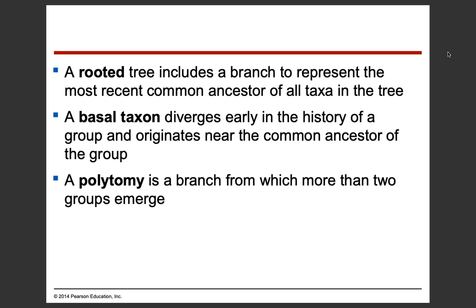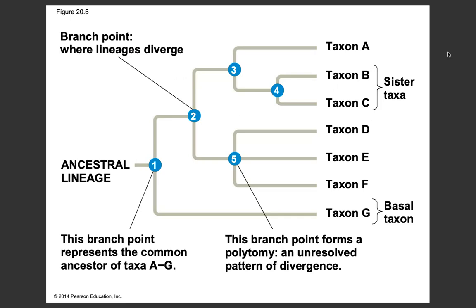You have a basal taxon, which is one group. It's kind of removed from the rest and diverges early on. So that would have been like the Felidae in the last example. It represents an early history of a group and originates near the common ancestor of the entire group. And then you have a polytomy, which is a branch where you have more than just 2 divergent organisms coming off of it. So we're going to look at a picture to kind of point these things out.